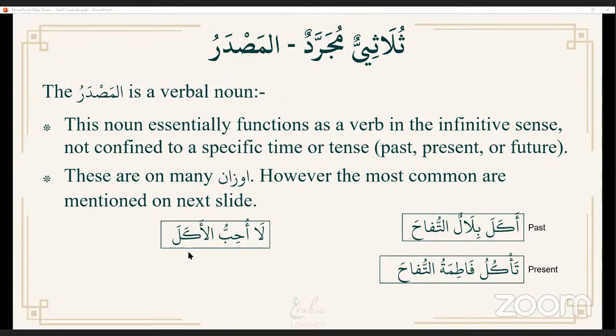Eating doesn't indicate any tense, past, present, or future. They are verbal nouns, noun like verb, but it doesn't indicate any tense.